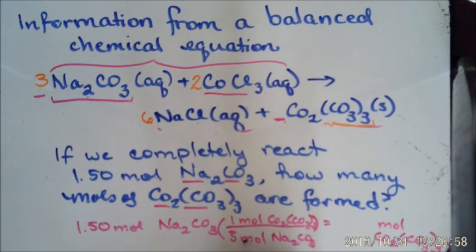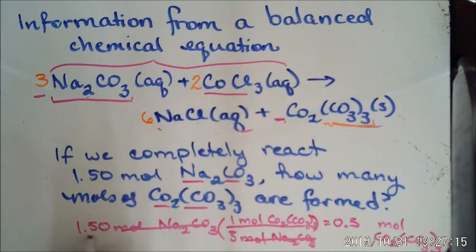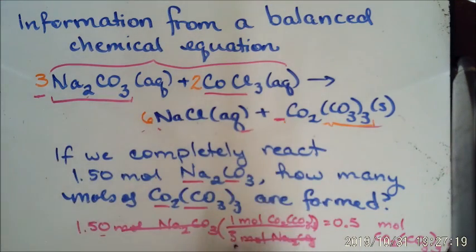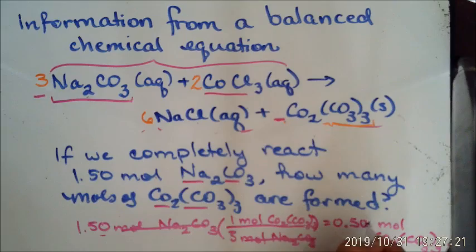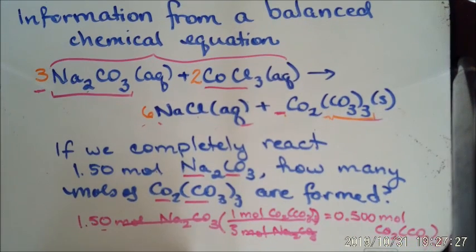So my moles of sodium carbonate cancel out, and now my answer will be moles of cobalt-3 carbonate, and that's going to be 0.5. This is 3 significant figures. The coefficients are always going to be whole numbers, so these are exact. So 0.500 moles of cobalt-3 carbonate. And that's how we use the information from our balanced equation.